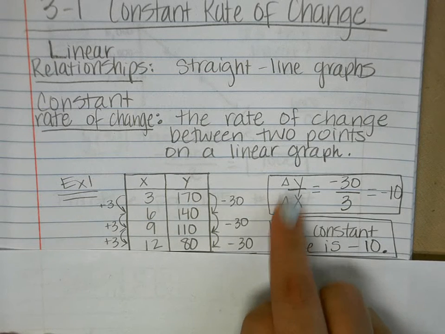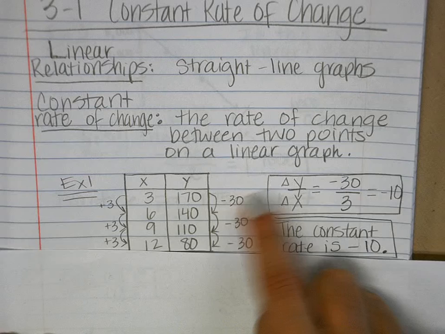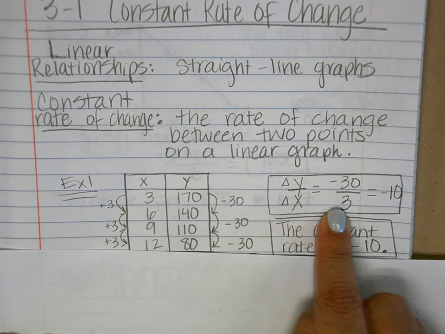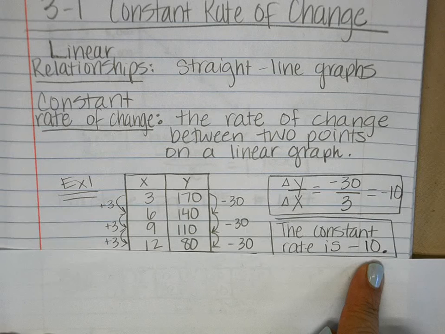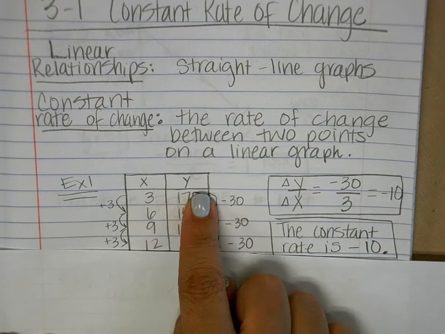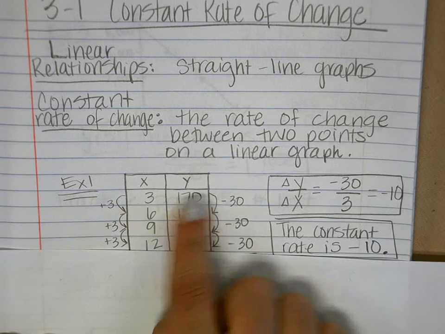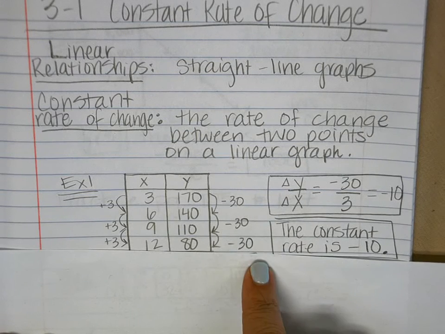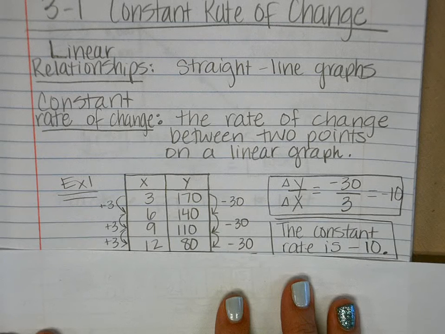Okay? If you mix those two up, you'll have a wrong answer. And so this is the negative 30 over 3, and when you simplify, that's negative 10. So the constant rate is negative 10. So it's the change in Y over the change in X. Any questions on that? No? You're so smart? Okay.